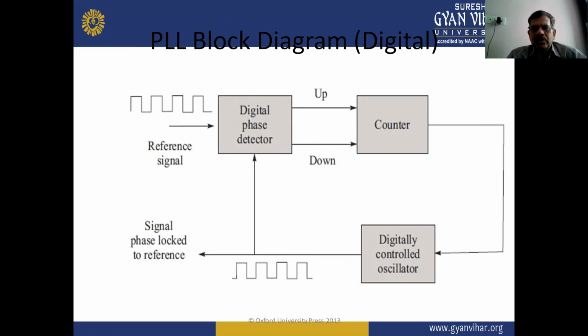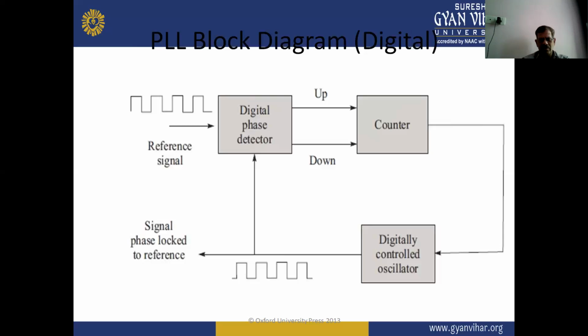And this is also a digital PLL block diagram. In the digital PLL block diagram, the reference signal is a digital signal, and this signal is applied to the digital phase detector. This digital phase detector converts the signal to up and down, and the output of this digital phase detector feeds the counter.